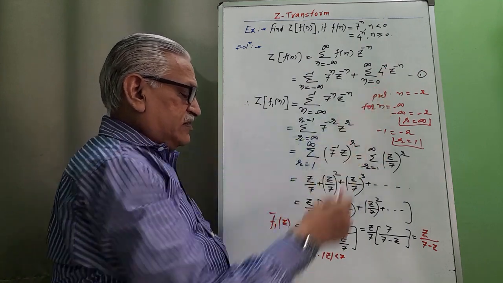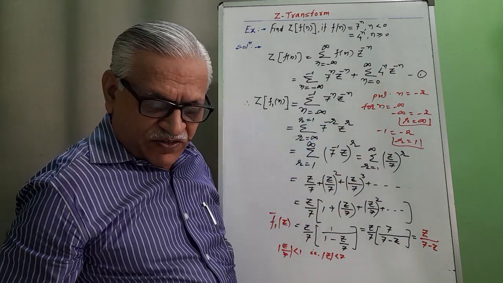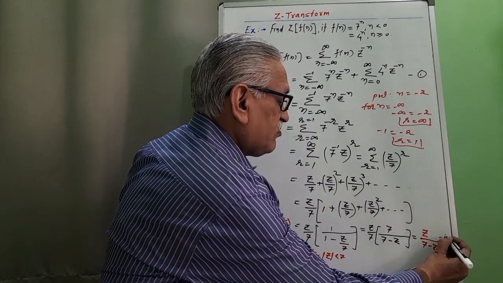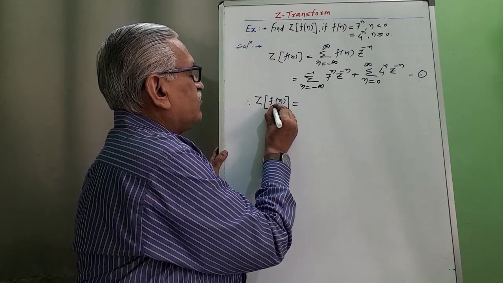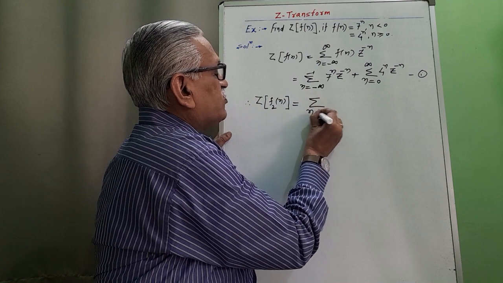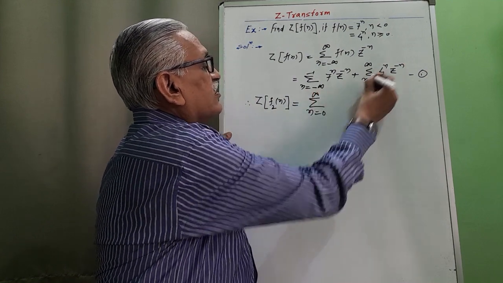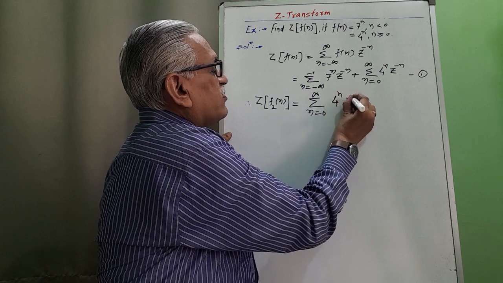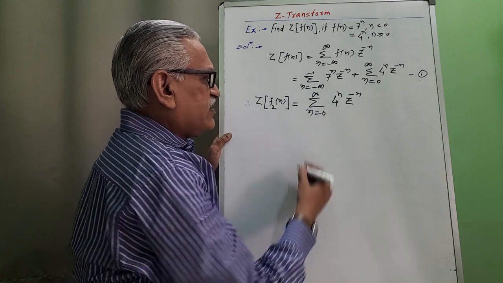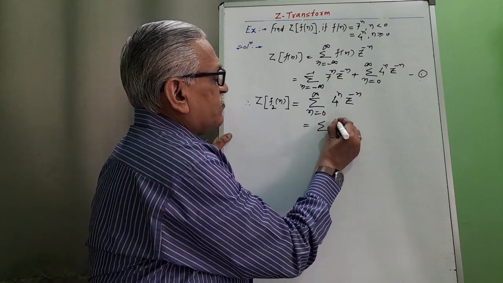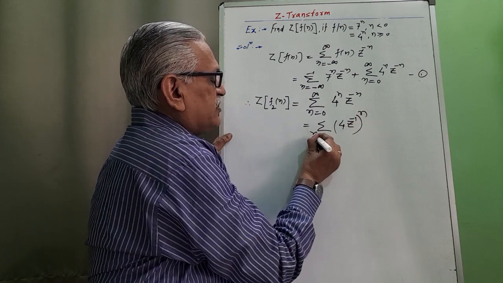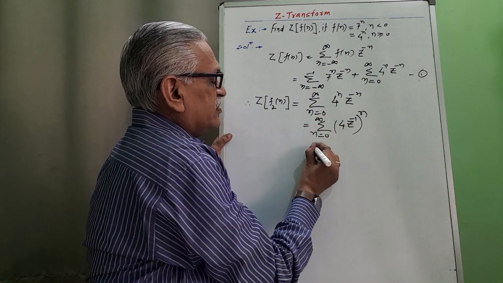Try to determine the Z transform of the second function. We call this equation 2. Z transform of the second function f2 of n, summation from n equals 0 to infinity, 4 raised to n into z raised to minus n. Again combining that power n, it is summation of 4 z raised to minus 1 whole raised to n, n changes from 0 to infinity.